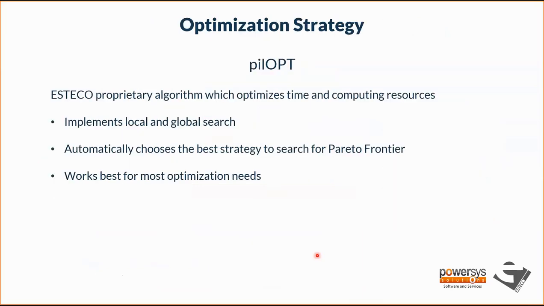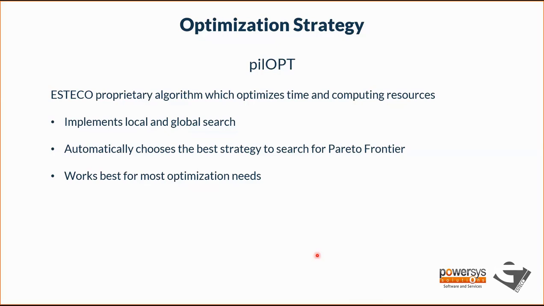Once we've defined the starting DOE set for the algorithm, we go about choosing an optimization algorithm, which is essentially the optimization strategy. We use the pilOPT algorithm that comes with modeFRONTIER. It's an ESTECO proprietary algorithm, which optimizes time and compute resources for a given optimization problem.